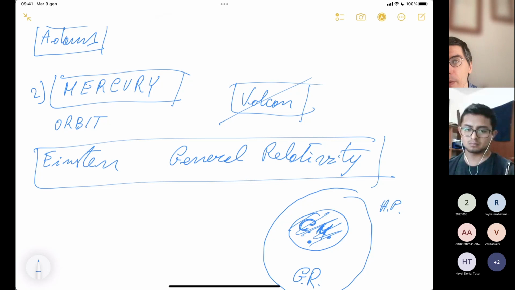So starting from Venus and the other planets, we can use classical mechanics because the hypotheses of classical mechanics are valid.